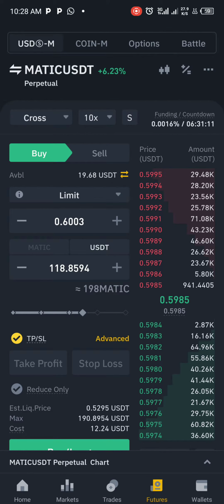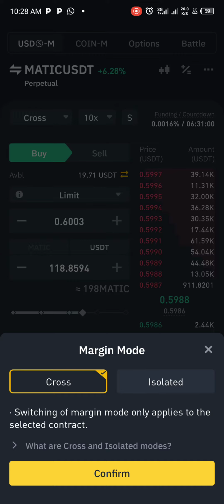Now, if you take a look at this, you can see cross, and here too we have 10x. This cross is the margin mode. Cross means they are going to use the whole of your funds and go into the market with it.